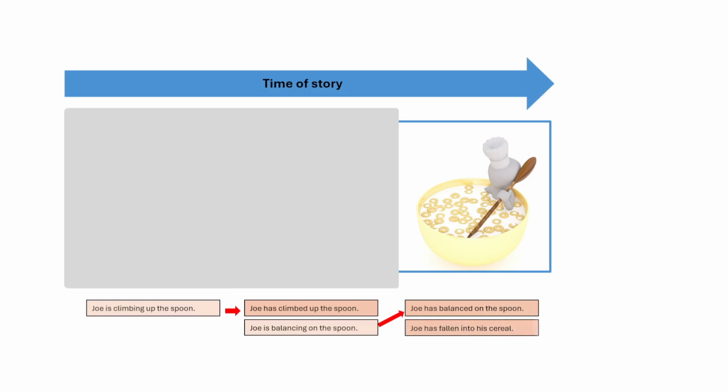And obviously Joe has fallen into his cereal. The story's not finished, but the action of falling into the cereal and the action of balancing on the spoon are finished.